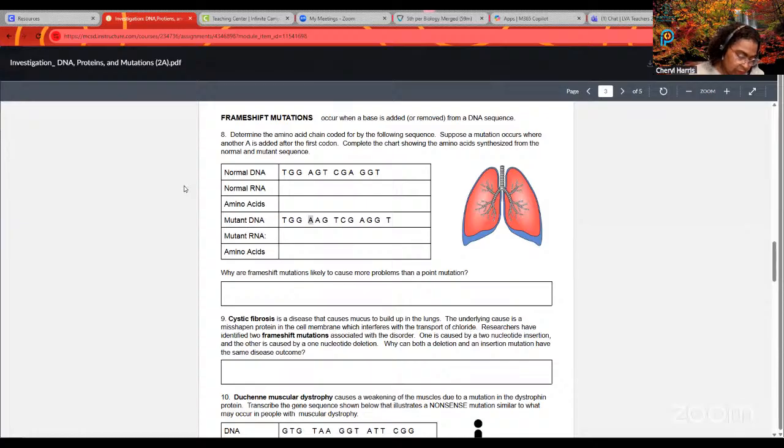The second one, the normal one, should be UCA, which brings serine. And on the bottom, it'll be AAG, which is lysine. But that's just a second. Then watch what happens to the rest of them after you go through that, and tell me the answer to that question.